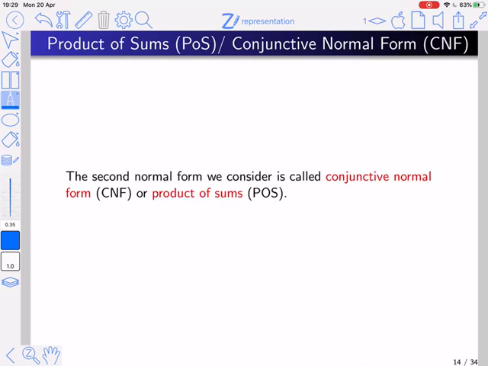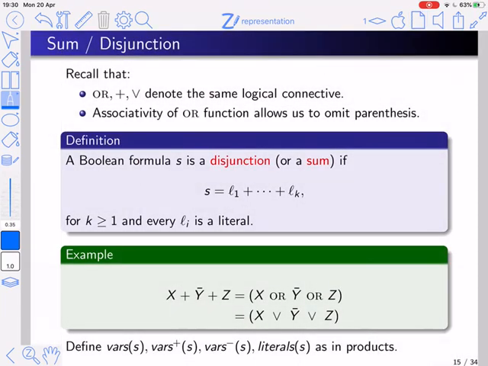Now let's consider the second normal form, which is called CNF, conjunctive normal form, or product of sums. So instead of products, we have sums, also called occasionally disjunction. A disjunction, or a sum, is simply the OR of literals.